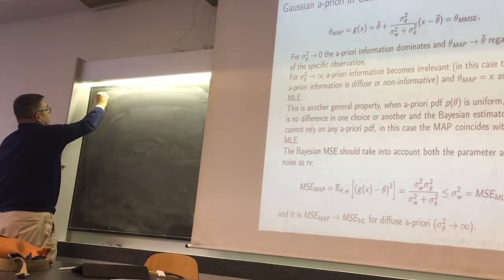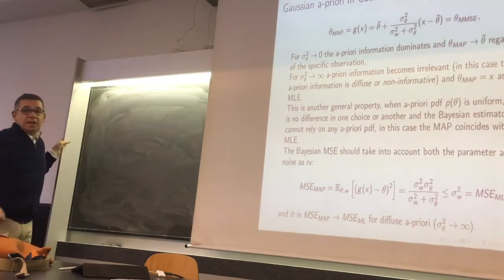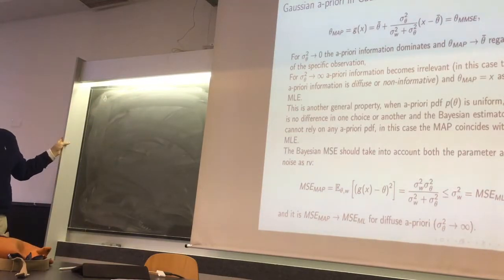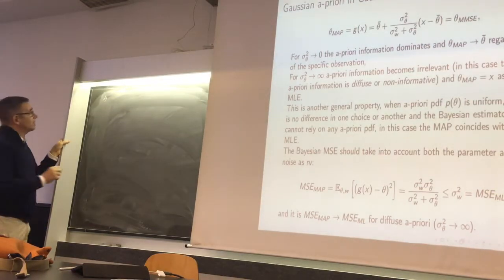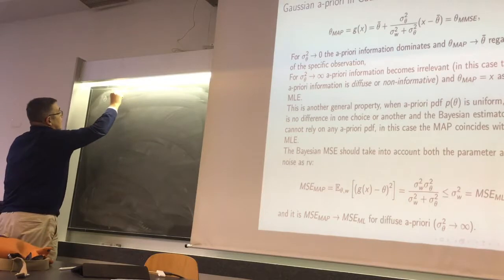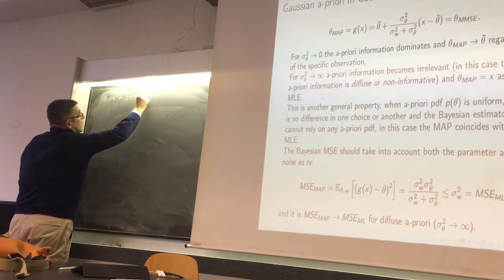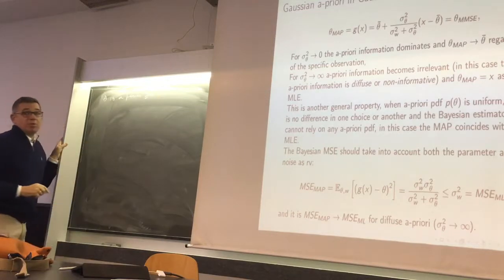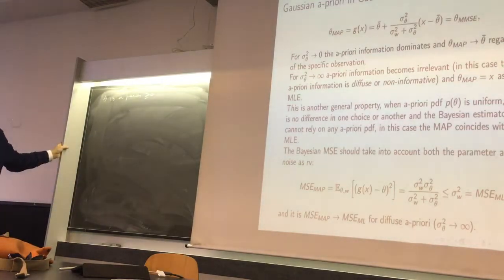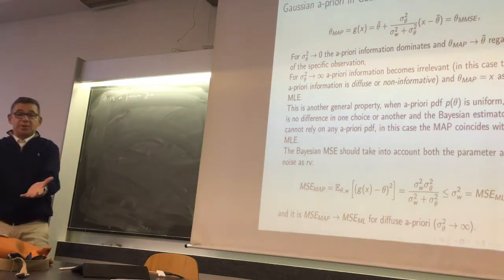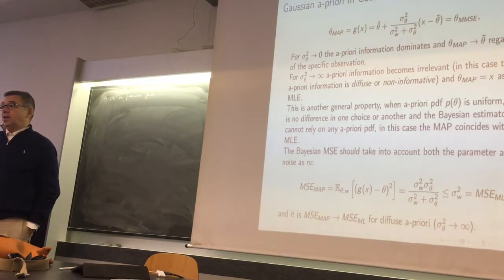Assume that I tell you that the parameter theta is a power, and the power is larger or equal to 0, so it cannot be negative. Assuming that I'm measuring the power of a signal, and I know that the power of the signal cannot be less than 0.